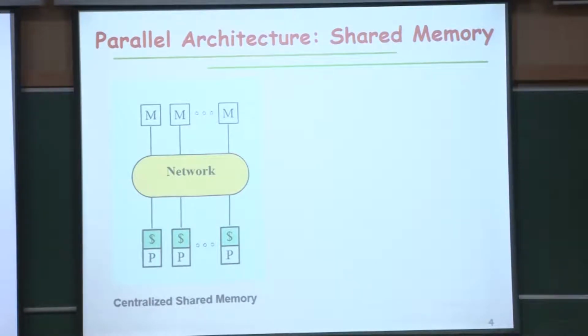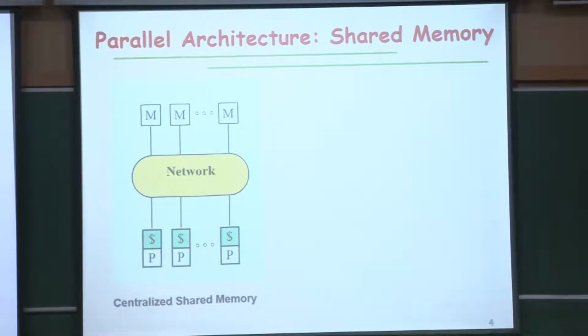The processors are connected to the memory through some interconnection network, and here the assumption is that any processor can access any of the memory modules, and the time it takes to access any of these memory modules is uniform, because they all have to go through the interconnection network.